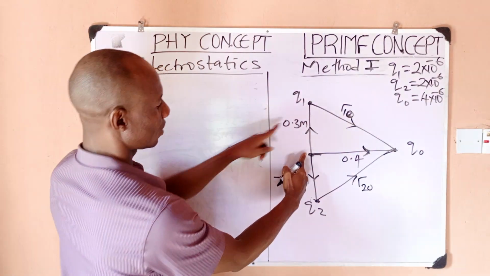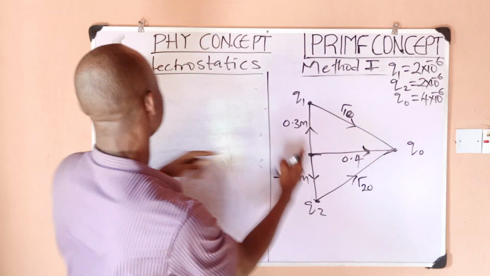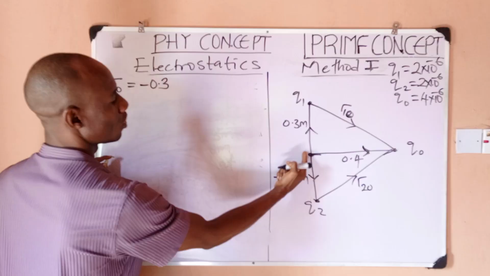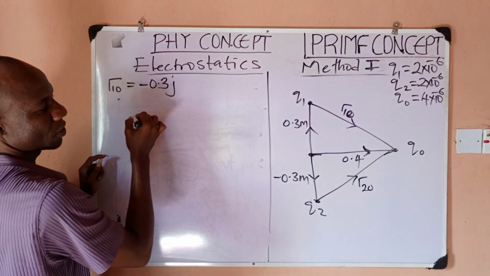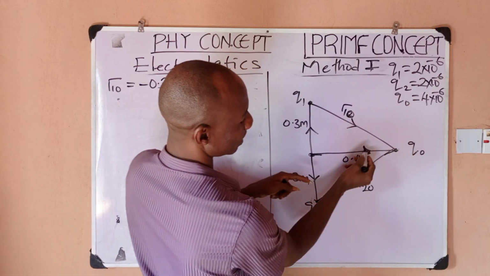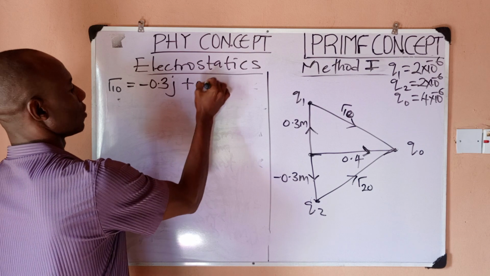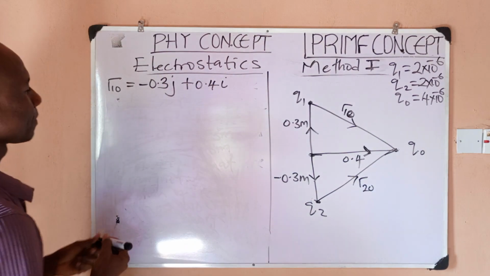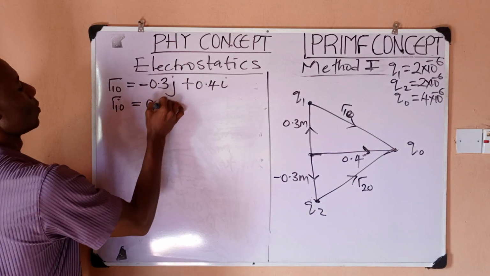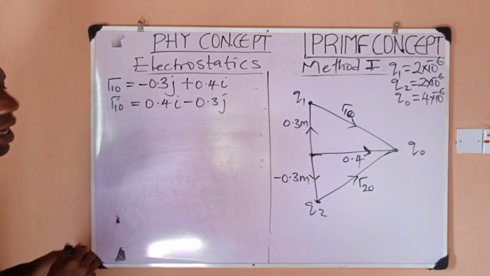When you come down, it is negative because you're moving against the arrow, so negative 0.3 j, since this is the y-axis. Then you move in the same direction, positive 0.4 i. Rewriting, R10 is 0.4i minus 0.3j.